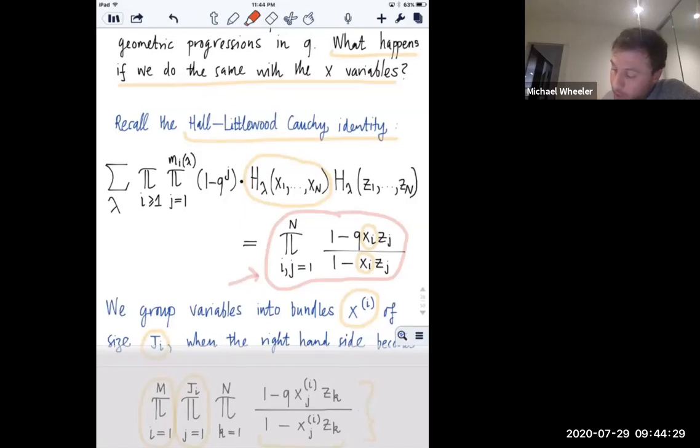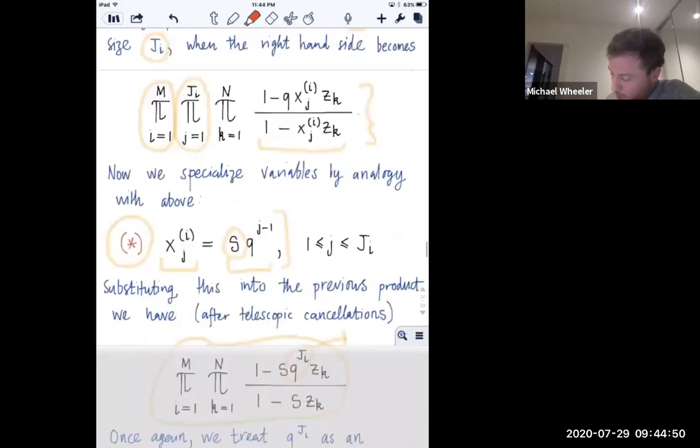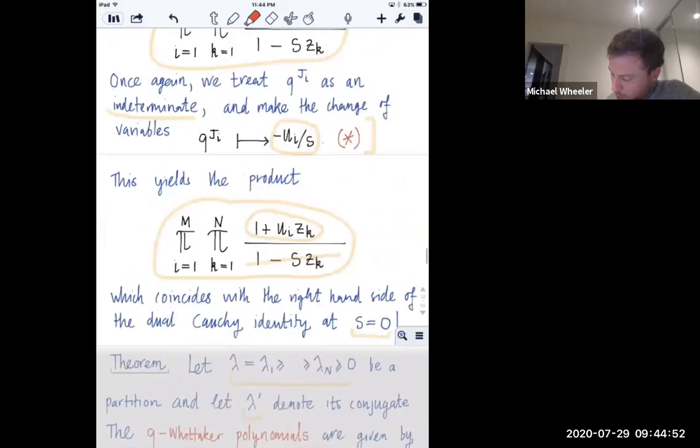And so it must be that performing that specialization on the left-hand side must transform this whole thing into the object which is paired up with Hall-Littlewood in the dual Cauchy identity. And that object is precisely the q-Whittaker polynomial. So that's the reason why we have this result.